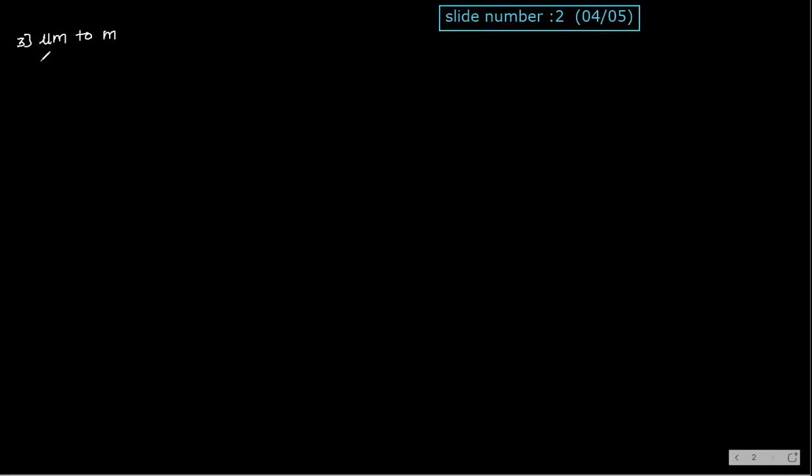Minus 6. Plus 6. So 1 meter is equal to 10 power plus 6 micrometer, and therefore 1 micrometer is equal to 1 by 10 power 6, which is 10 power minus 6 meter.